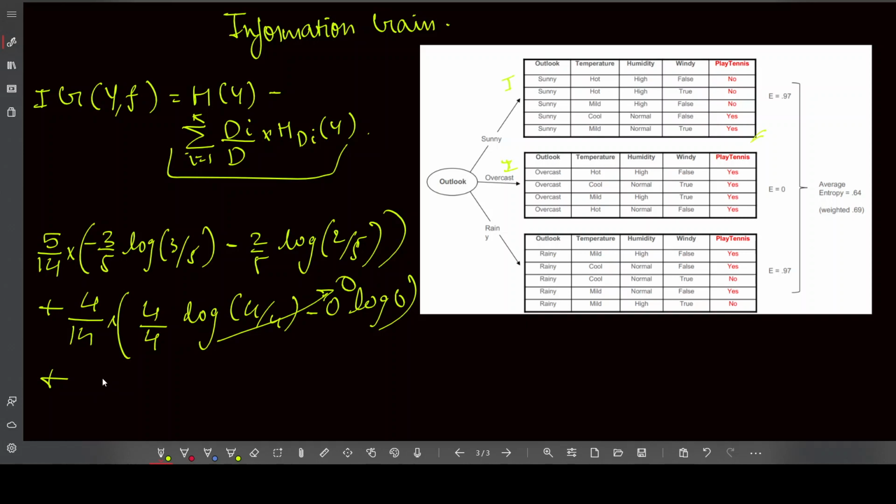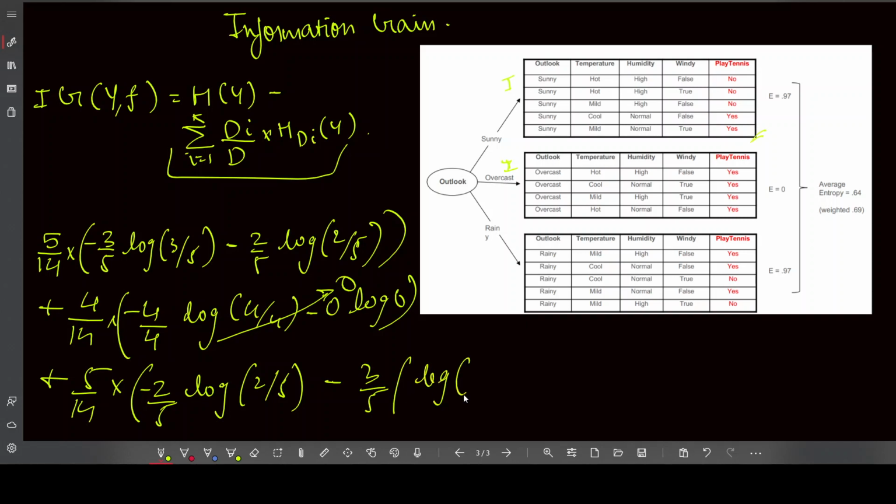And then I do the same for the last sub data set, which is 5 by 14, 5 because I have 5 response variables over the total 14 in my sub data set, and multiply it by 2 by 5, minus 2 by 5 log of 2 by 5, minus 3 by 5 log of 3 by 5, right?